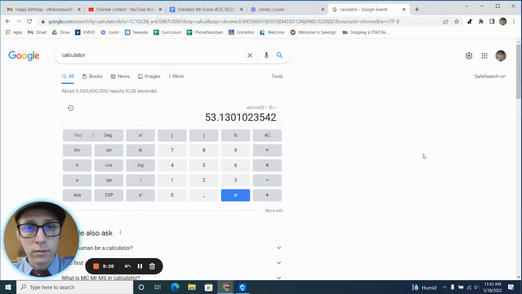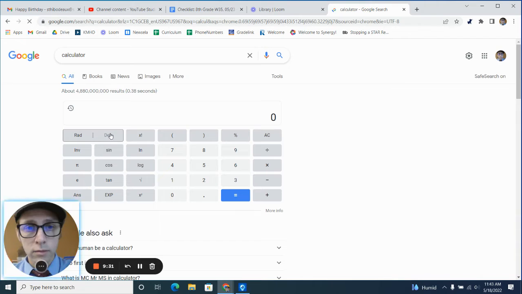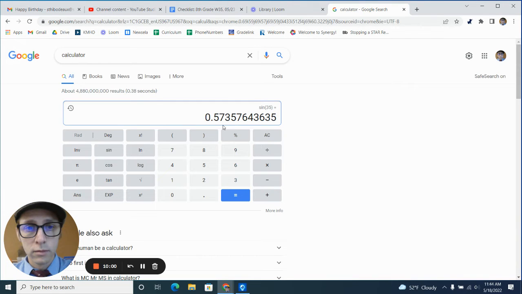So I go over here, refresh this, make sure it's on degrees, and I do the sine of 35, which is going to give me 0.57. My sine is 0.57 over 1.